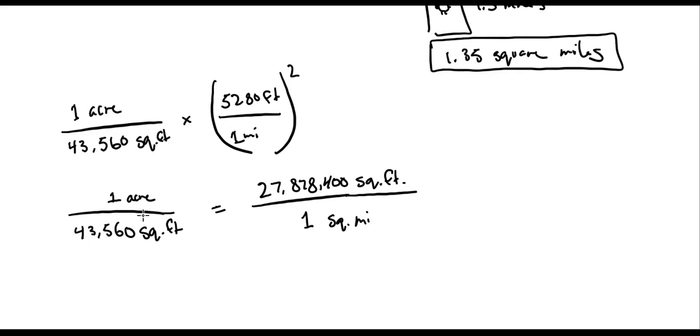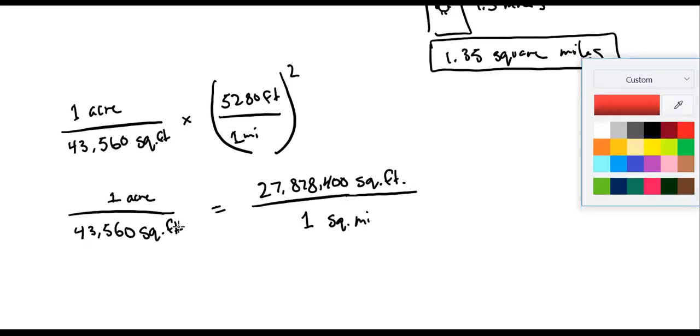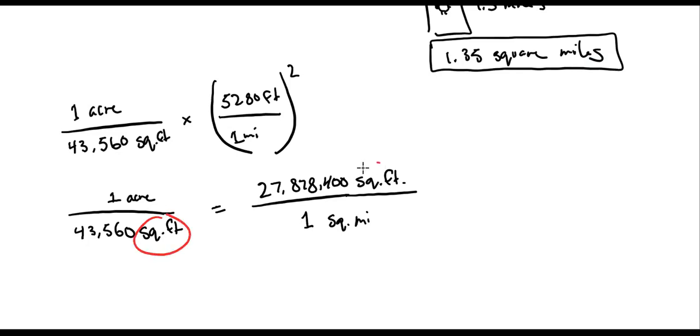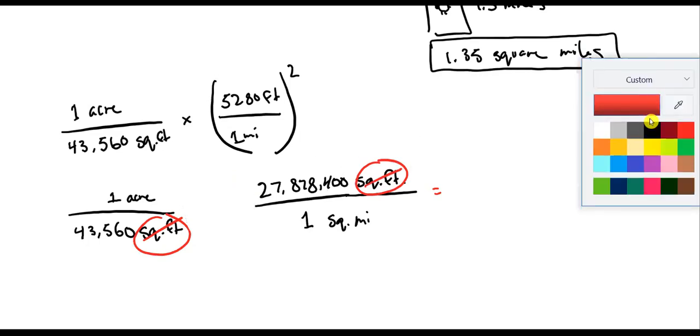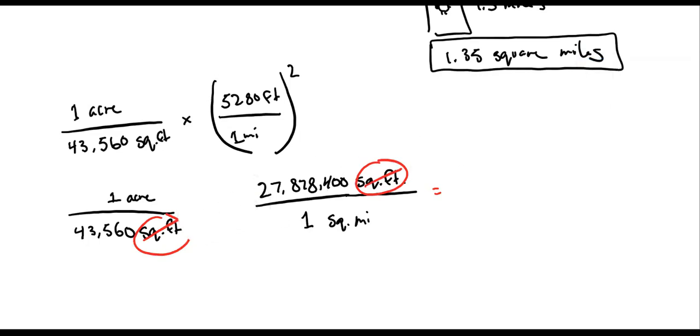So this is good. I got a good setup here because I now have square feet here and here, which means I can cancel those. And if I perform the, oops, sorry, I put an equal sign here. Some of you were screaming at that. I'm sorry. That should have been multiplication like it was before. There we go, multiplication.